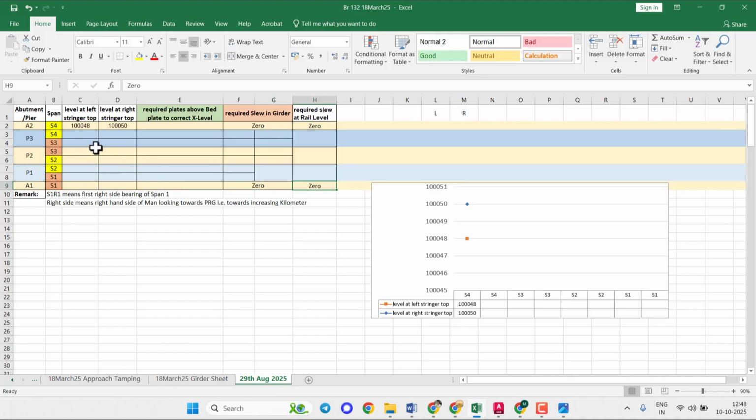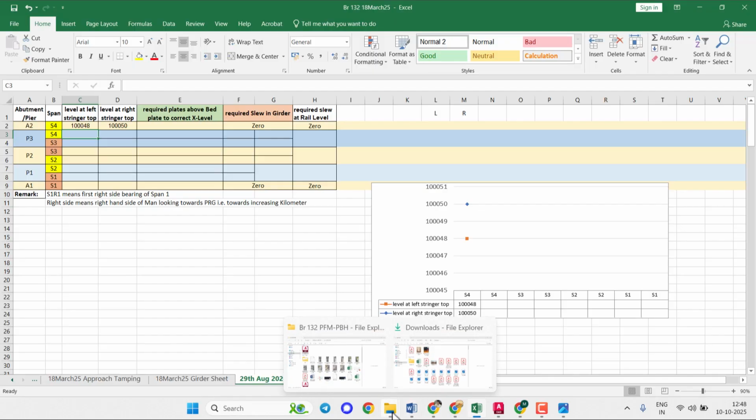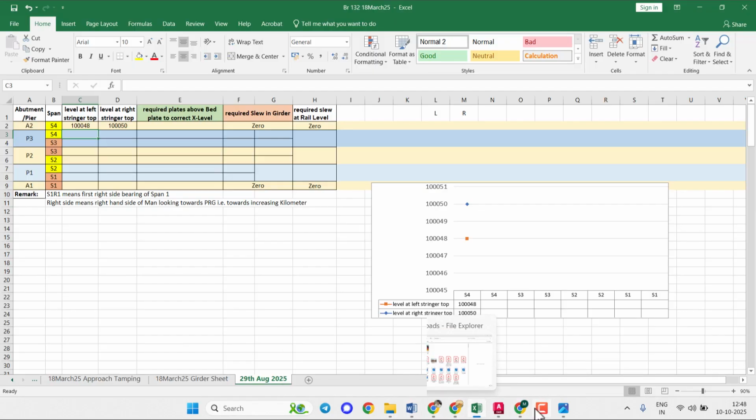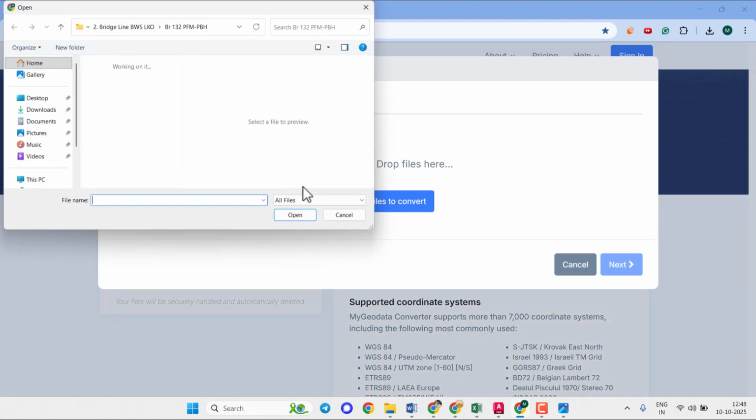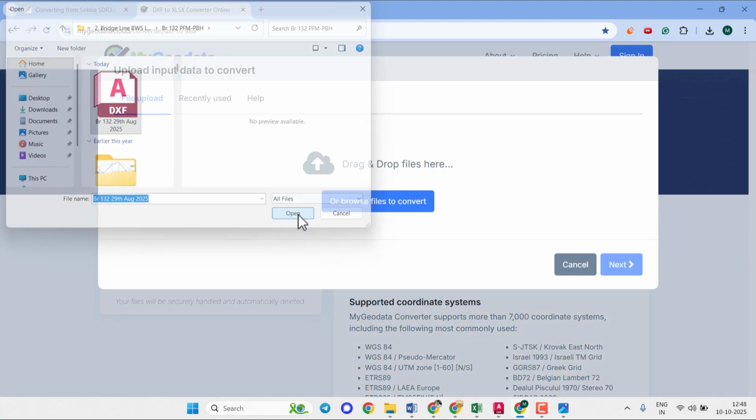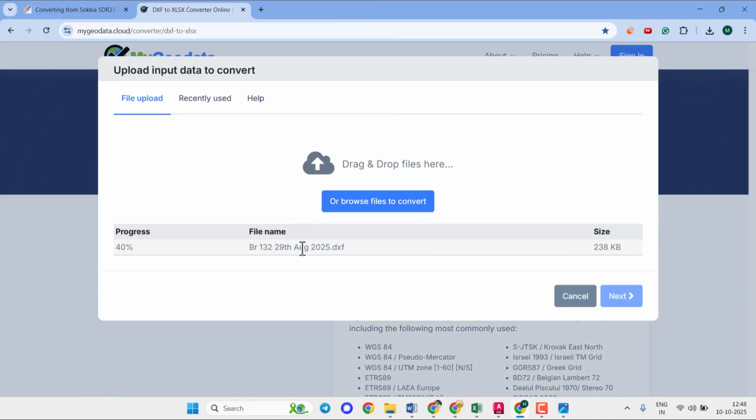Next, we also need the level data. Although we know that level has already been corrected, for the purpose of analysis we will use this level data also.